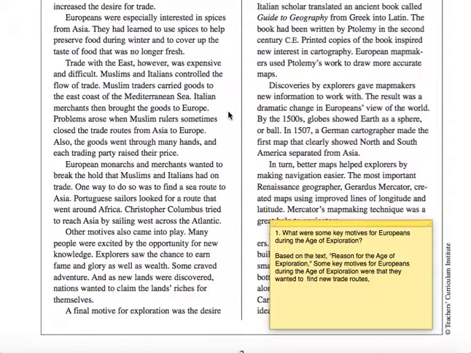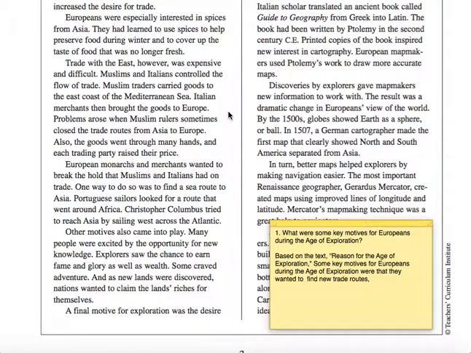Trade with the East, however, was expensive and difficult. Muslims and Italians controlled the flow of trade. Muslim traders carried goods to the east coast of the Mediterranean Sea. Italian merchants then brought the goods to Europe. Problems arose when Muslim rulers sometimes closed the trade routes from Asia to Europe. Also, the goods went through many hands and each trading party raised their prices.